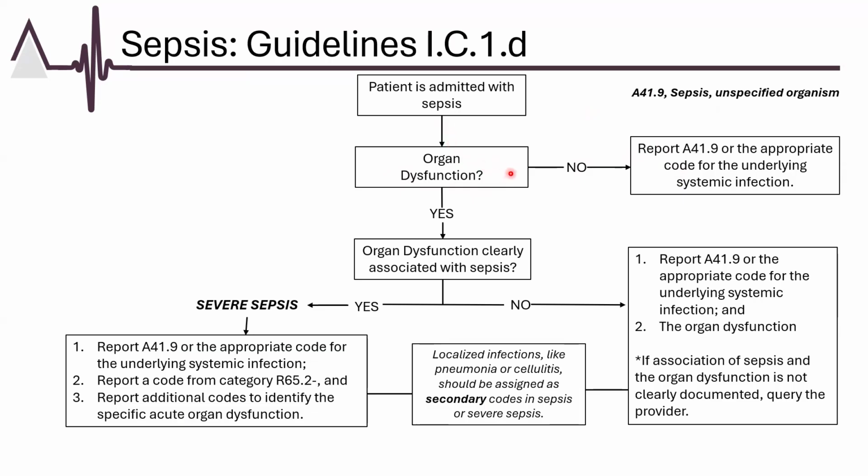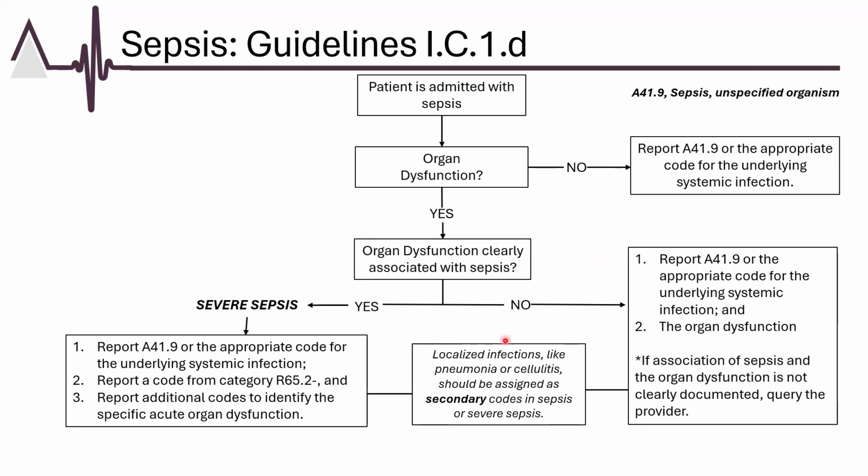Now, if the answer to organ dysfunction is yes, like in our case, because we have acute renal failure, the next question that is required to be answered is, is it clearly associated with sepsis? If the answer is no, you are reporting the A41.9 or the specific sepsis code, followed by the specific organ dysfunction. If association of the sepsis and the organ dysfunction is not clearly documented, you would want to query the provider.